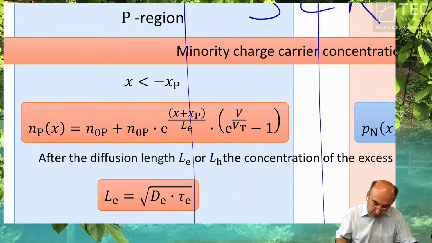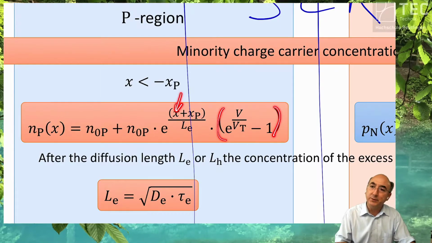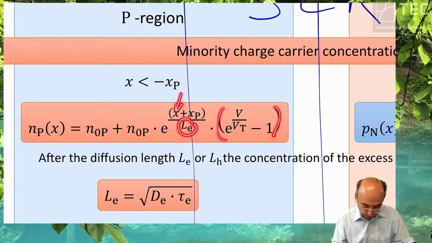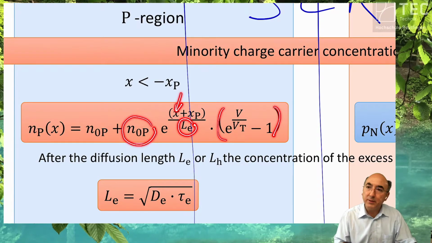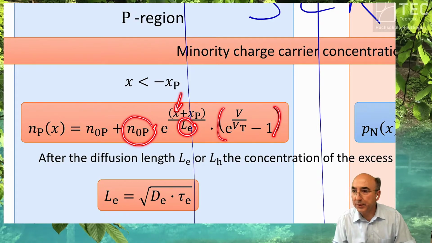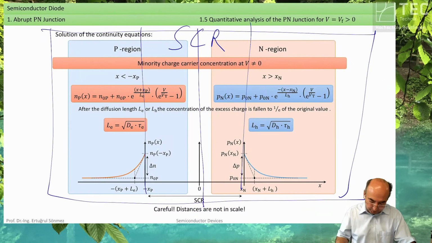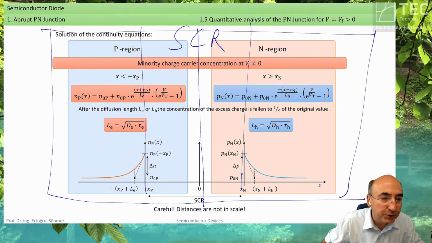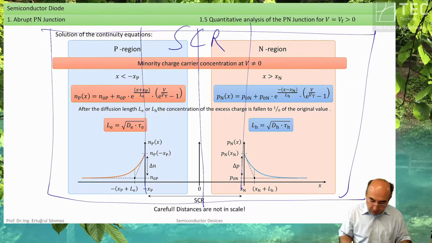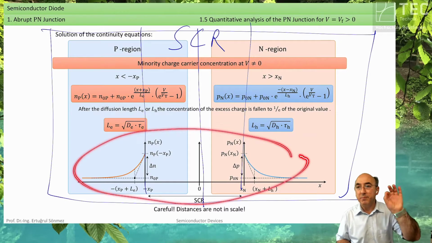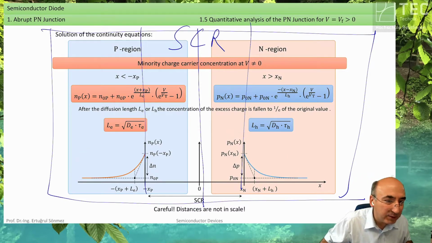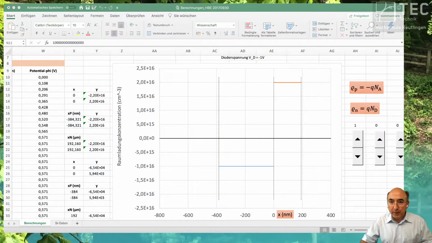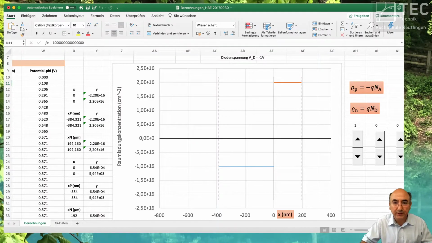And if we are not at the boundary, but within the semiconductor, then it depends on the diffusion length, which is given as a factor of this minority carrier concentration. Now take a look at this sketch, memorize it. Now let's go to my Excel sheet again, because I have plotted that stuff also.